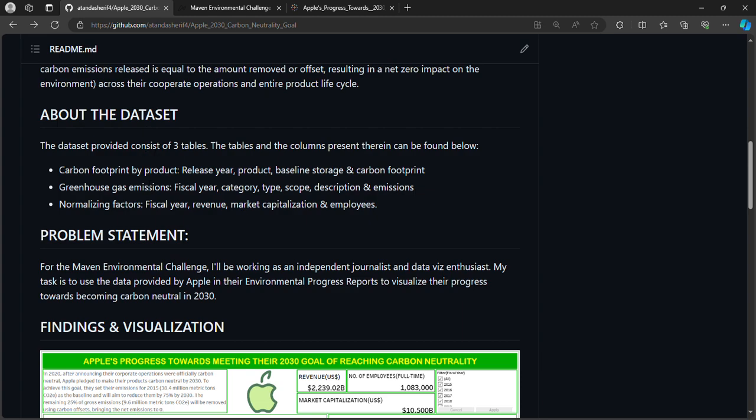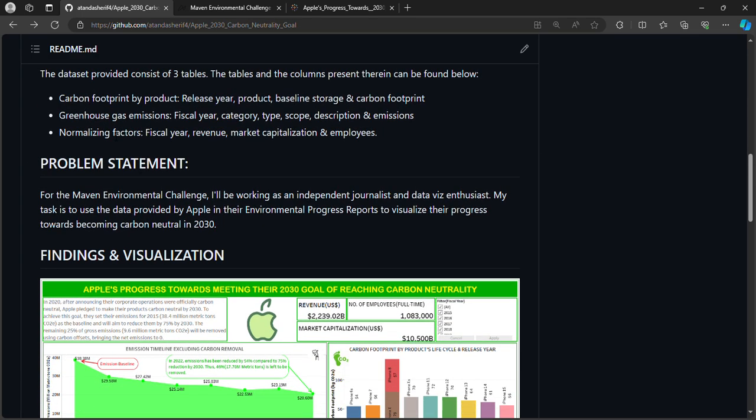There were three datasets for this project. One is carbon footprint by product, that is by their products, iPhone 6s all through to the latest one as at 2022.